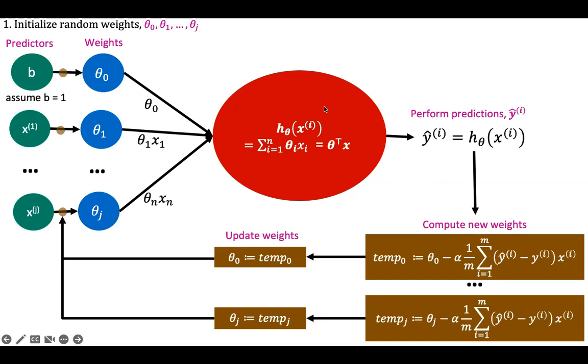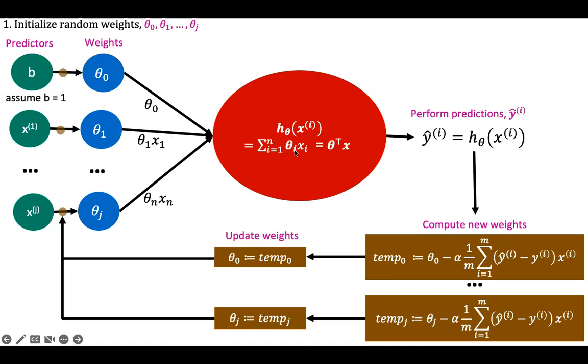And so this is the gradient descent algorithm. We have a set of predictors, x sub 1 to x sub j, with the bias, assuming its value is 1. And each of these predictors, as well as the bias, of course, has associated weights. All right. And we take the weighted sum of each predictor and the weights. Right.